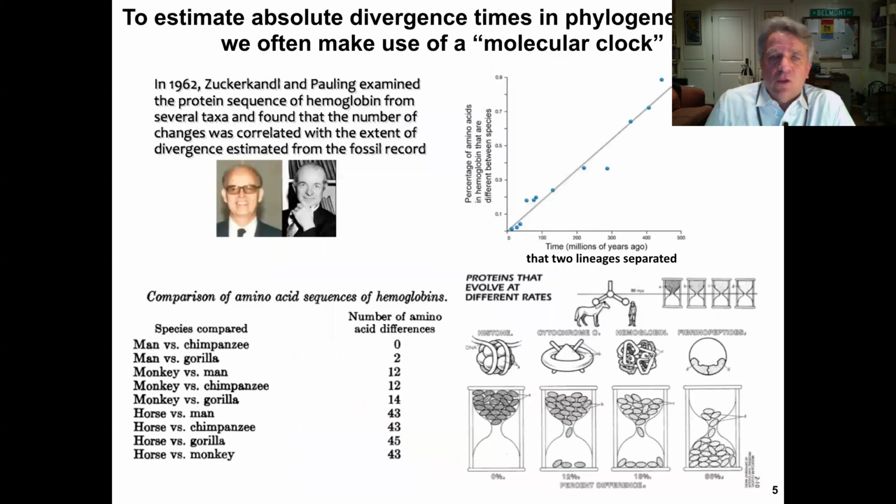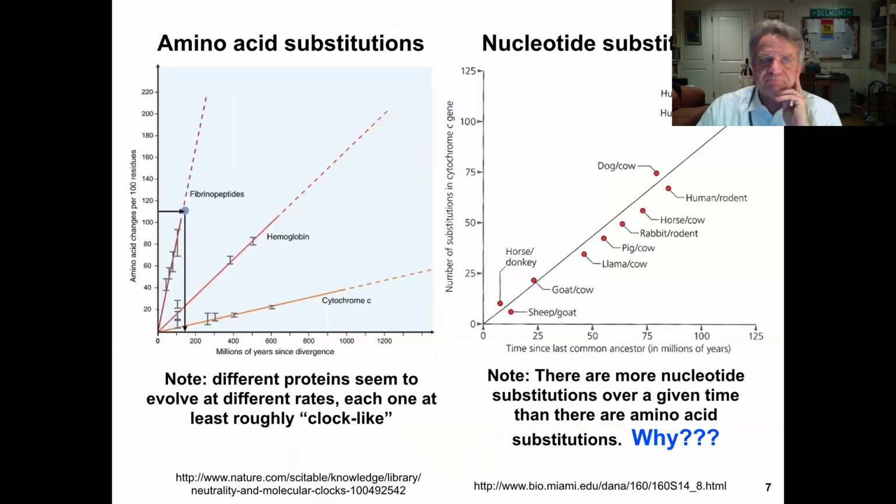Previously, with the hemoglobin amino acid sequences, it would be very difficult to distinguish the divergences at the time scale that we think speciation is happening. That is hundreds of thousands of years into millions of years, but certainly not hundreds of millions of years, among the most closely related species.